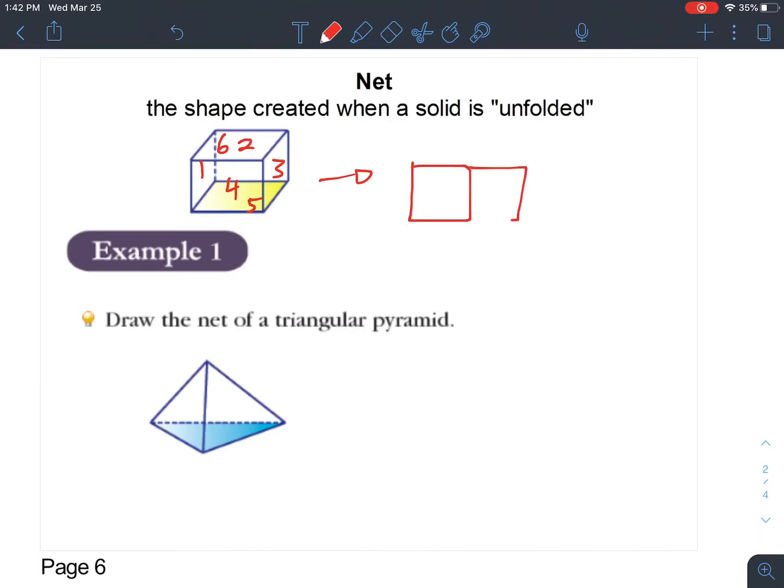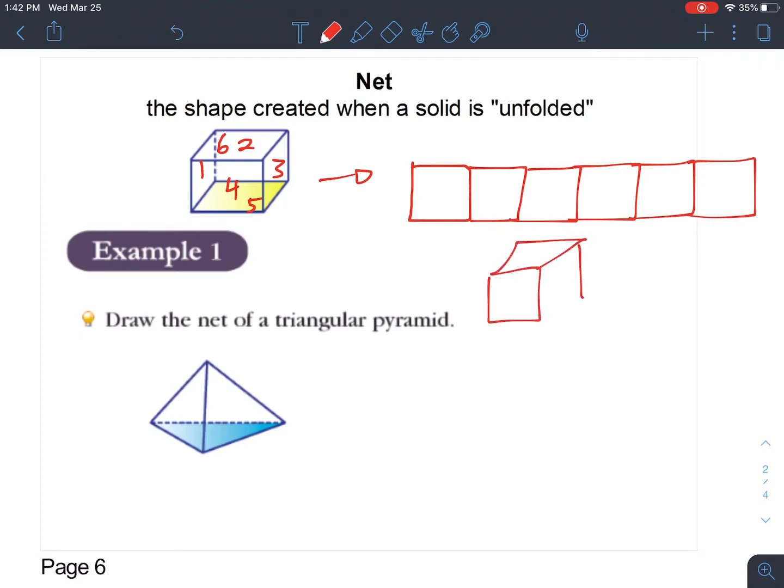But I can't just draw 6 of them end to end, because if I were to try to fold those up, yes, I'm going to get a cube-like shape, but there's going to be no top. And then same with this here, there won't be a bottom. So I can't just put all of those next to each other and say that's good enough.